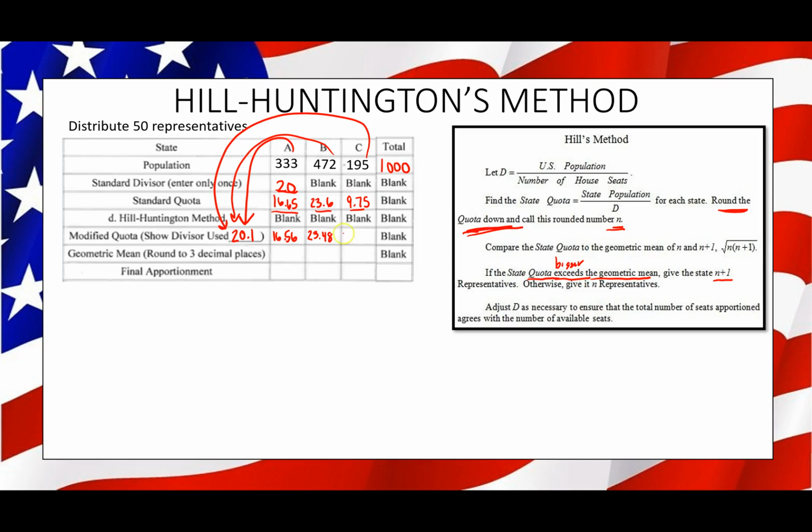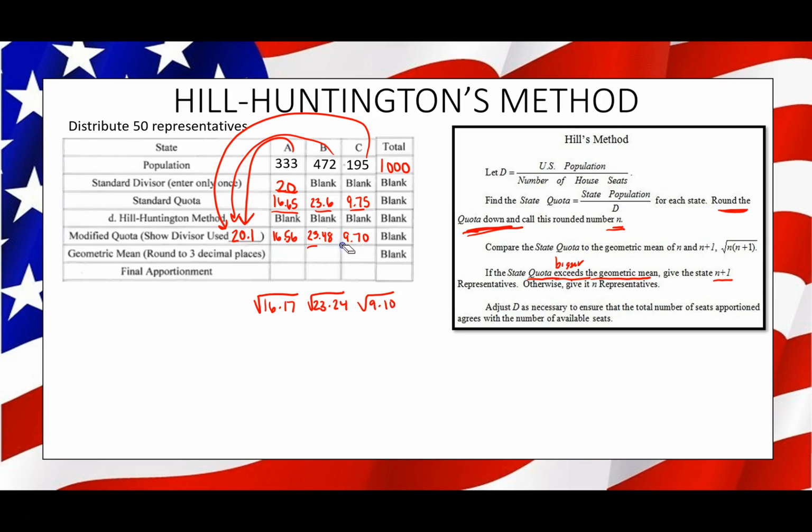That gives me 9.70. Okay, so now to find the geometric mean, I'm not going to go through all this mess, but it's basically going to be this number, 16 times 17. The next one's going to be this number, 23 times 24. And the last one's going to be this number, 9 times 10.